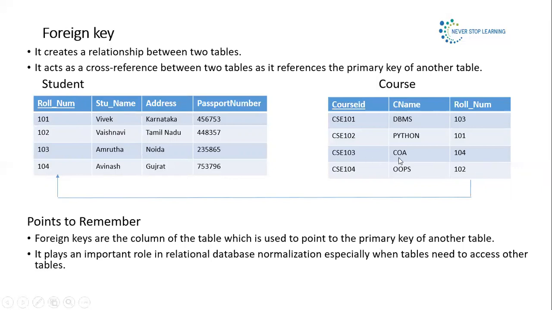Now here this course and this course id are dependent on this roll number. If you change anything here, something will change and it will create a problem. That's why when a foreign key refers to a table, we never update or modify the value of that particular column in the primary key.